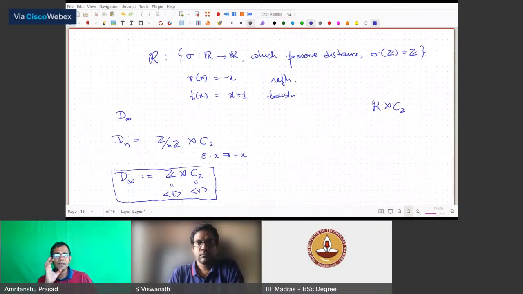When you define the group of rigid motions of R cubed, you have rotations, and the parameters defining a rotation are an axis, given by a unit vector, and an angle, given by a real number modulo 2 pi times the integers. So the parameters defining the points are actually continuous.